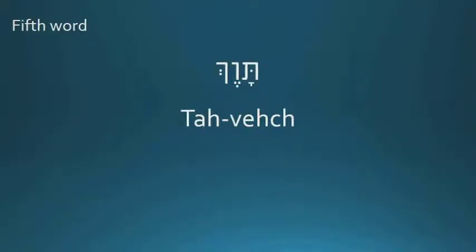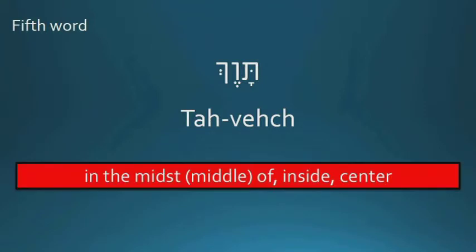Okay, the fifth word, tavek, in the midst or the middle of, inside or the center. This is describing a location. And these people are going to go into the middle, inside the center of the particular garden. They want to find a place where they're not viewed from the outside.